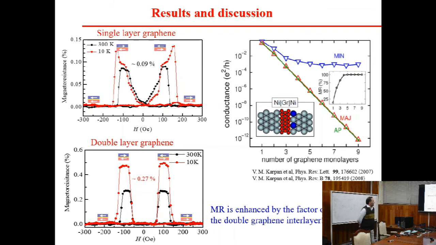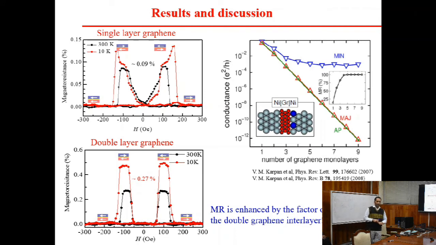This is the first case we studied. We apply the voltage and also apply the magnetic field and see the effect. We observe the same kind of behavior in single layer graphene. This was the first experiment in spintronic devices that had been performed anywhere.